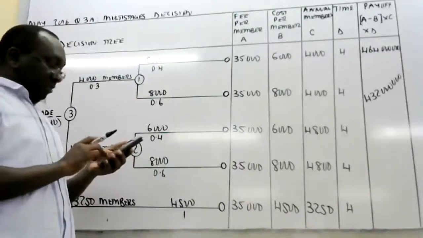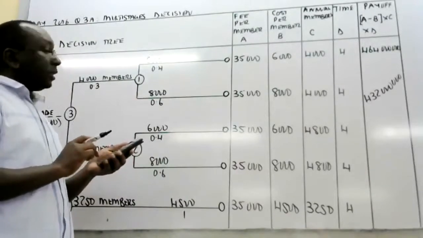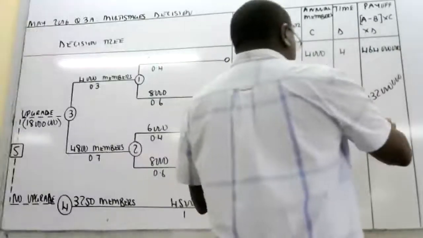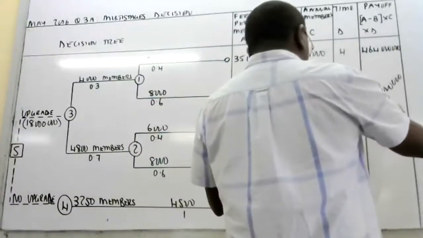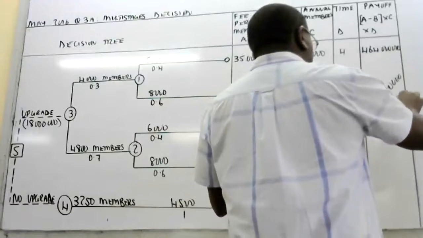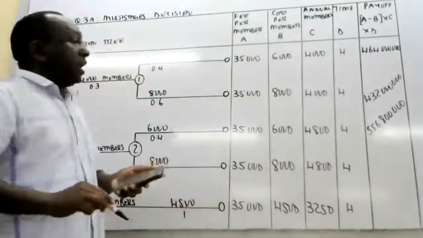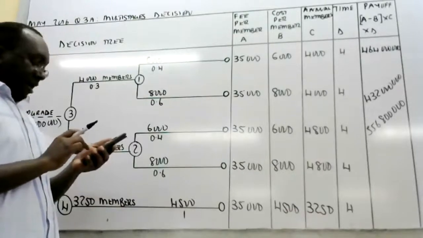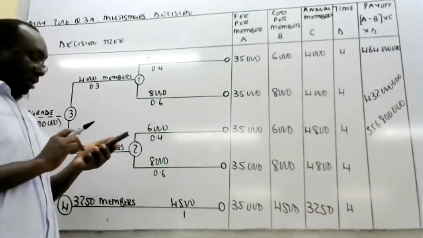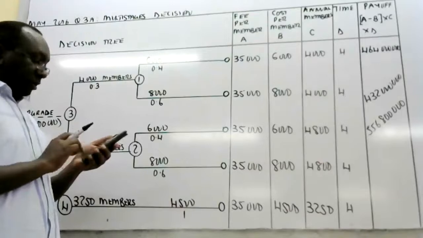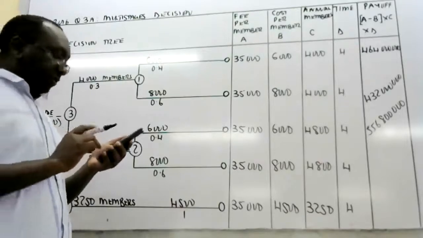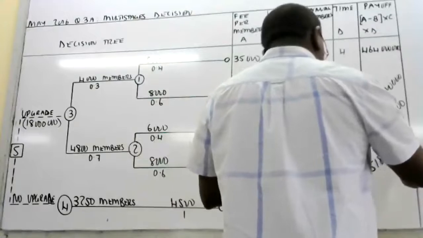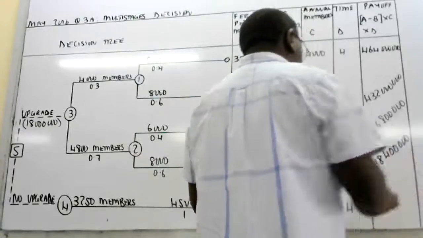That 5,000 minus 6,000 times 4,800 times 4 is 556,800. 8,000: that 5 million minus 8 times 4,800 times 4 is 580 million 400,000.